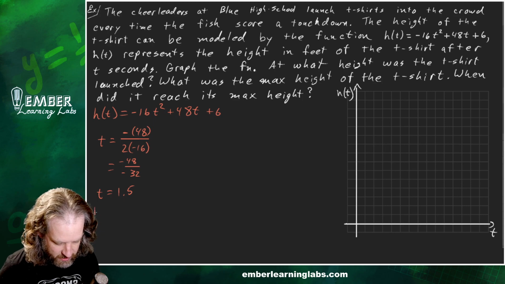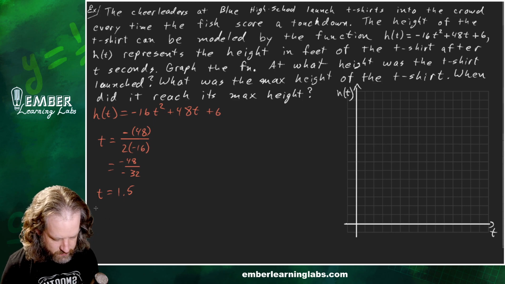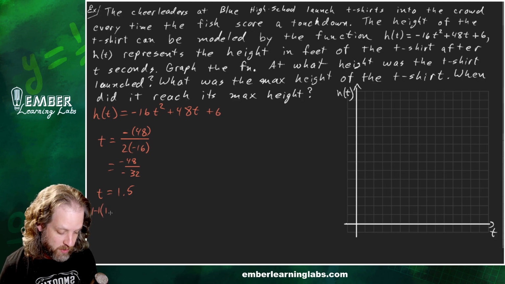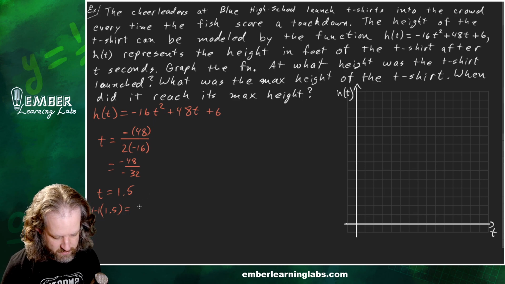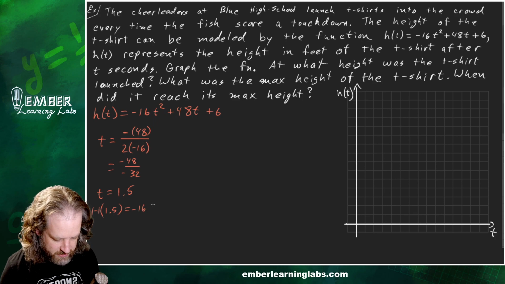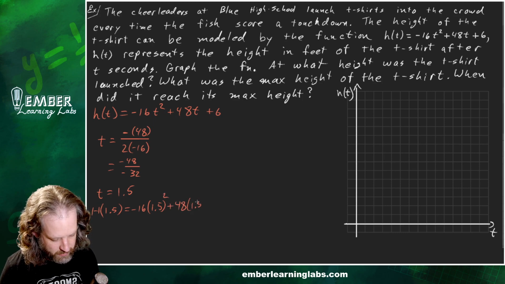So h of t, the height at time 1.5 seconds. Negative 16 times 1.5 squared plus 48 times 1.5 plus 6.